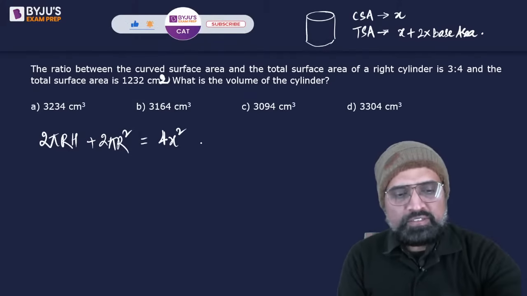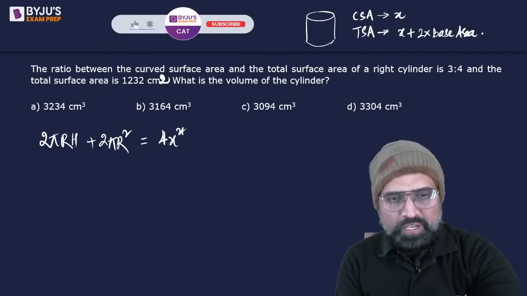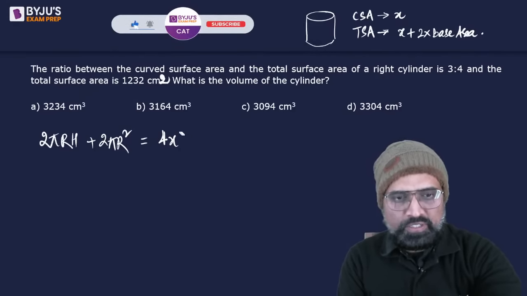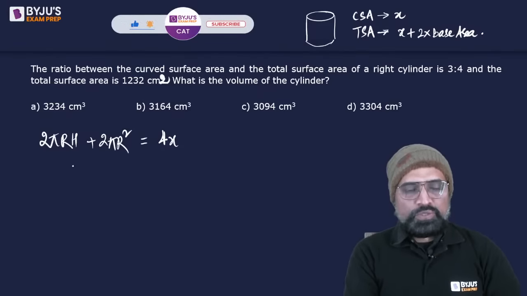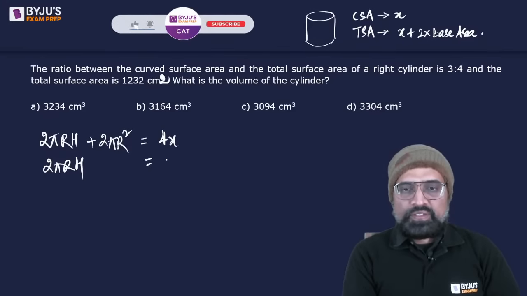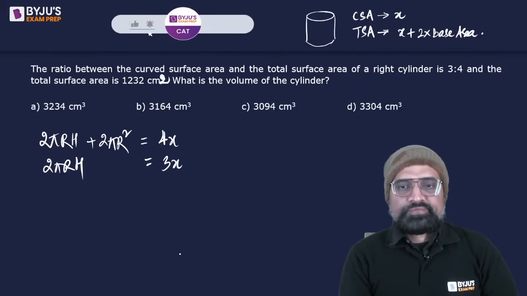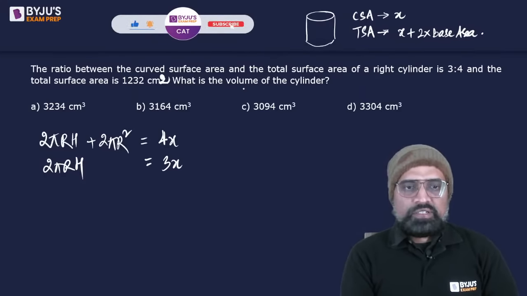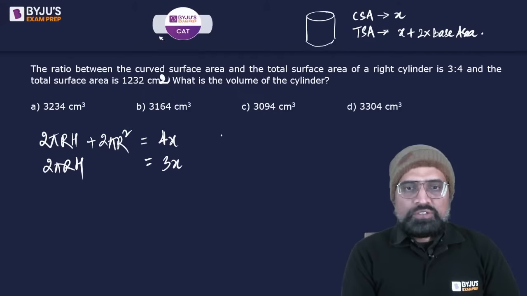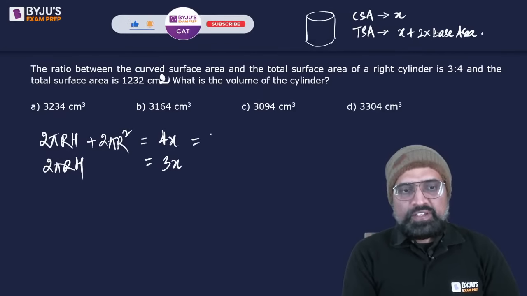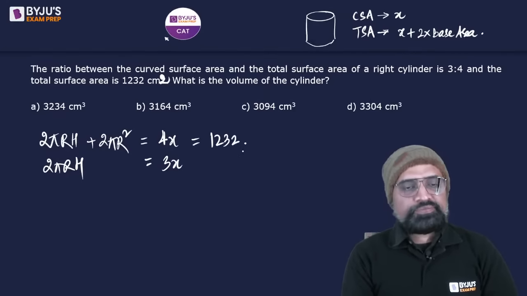Sorry, square नहीं करते हैं. Let's take this as x only, so that we don't have to deal with squares. And 2 pi r h is going to be 3x. Total surface area, this is given as 1232.